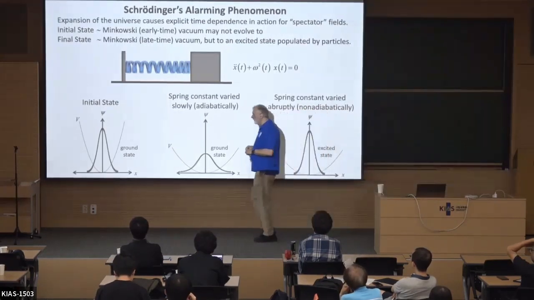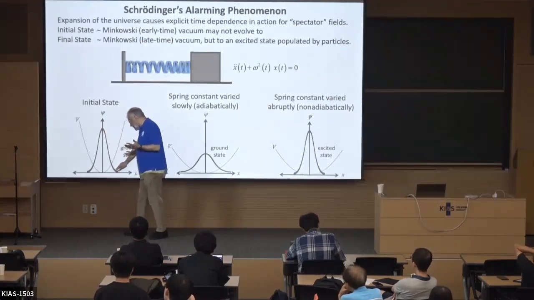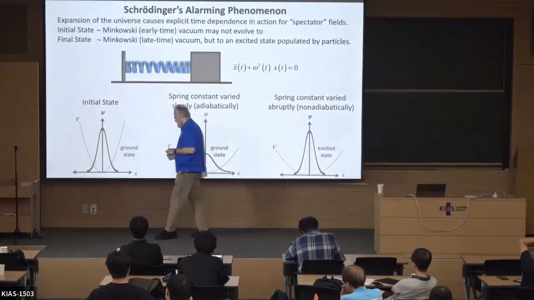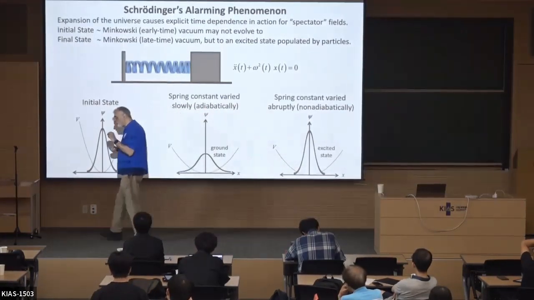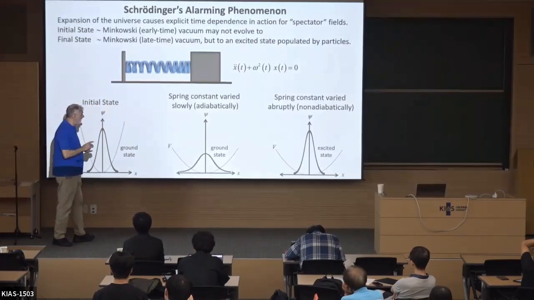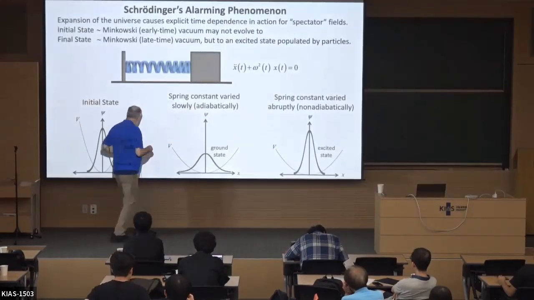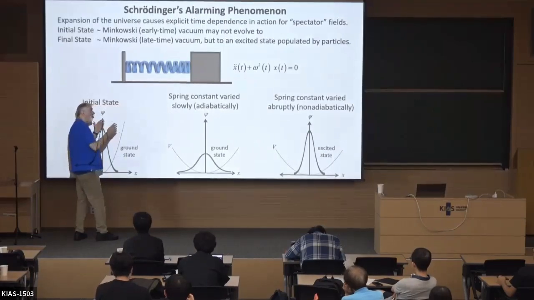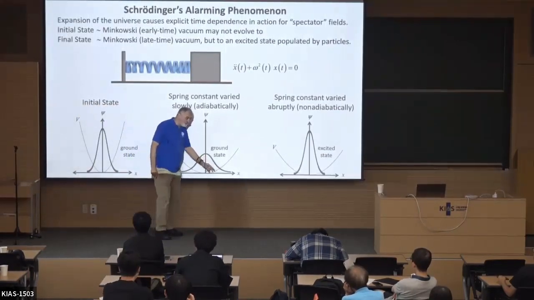So if you imagine you have some initial state with some potential, and this is just an illustration of what the wave function might be, and now if you slowly change the mass, slowly change the spring constant, slowly change omega as a function of time, change it slowly, adiabatically, and we'll have a definition of exactly what we mean by adiabatically, the wave function will slowly respond to the change in the potential, and the ground state wave function would just be different.